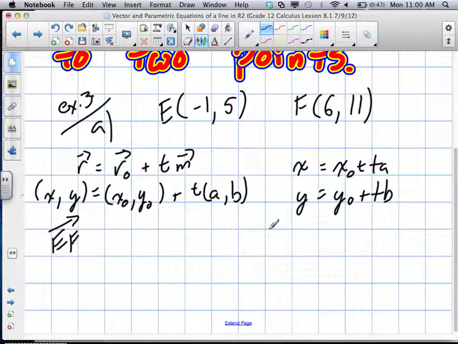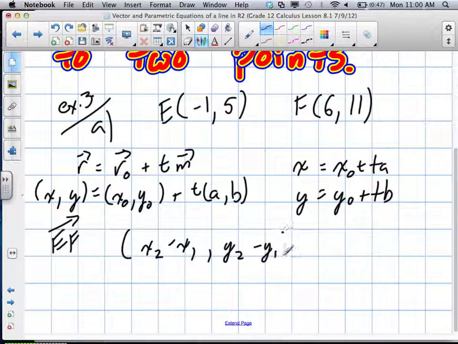We're going to take these points, very similar to what we did in example 1. We're going to take the 2 points E and F, and we're going to use x2 minus x1 and y2 minus y1. And that's going to give us our a and b, or our directional vector.